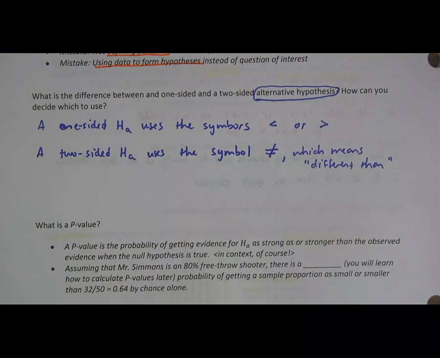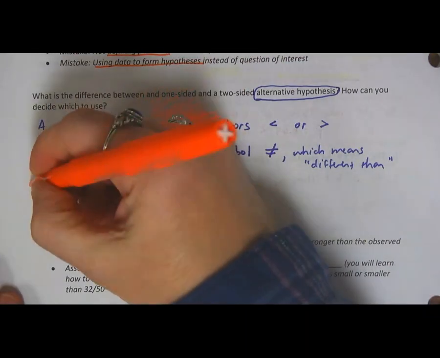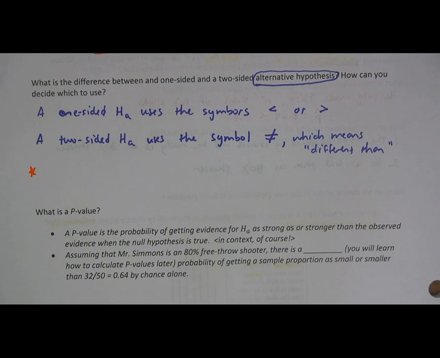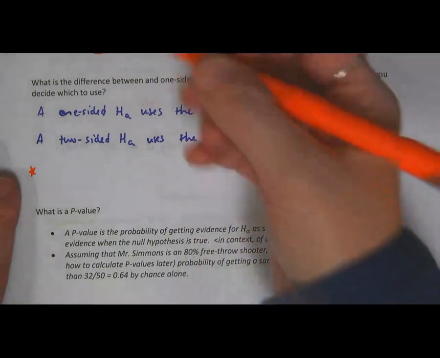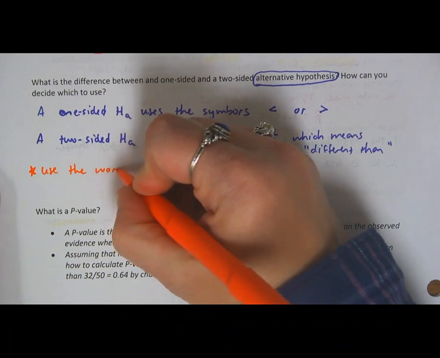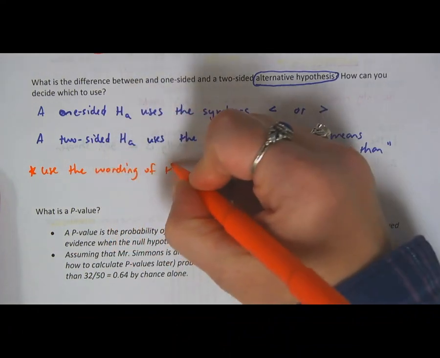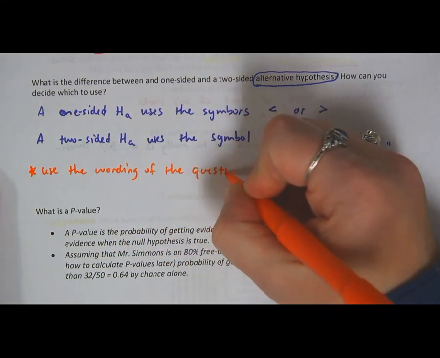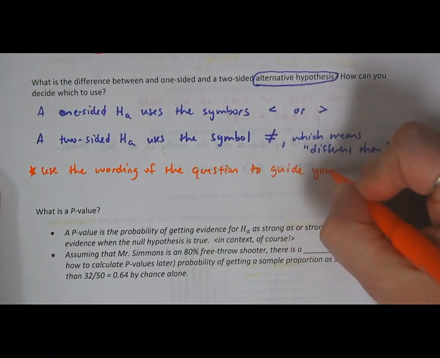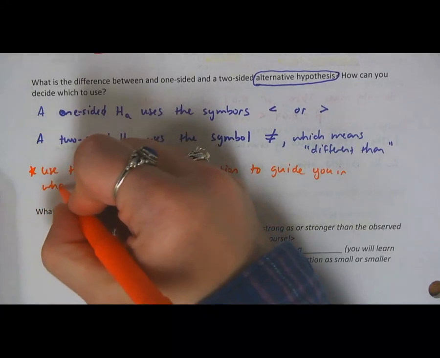And then the little tip that I have for you is how you're going to know what symbol to use is really just the wording in the problem. Use the wording of the question to guide you in what symbols to use.